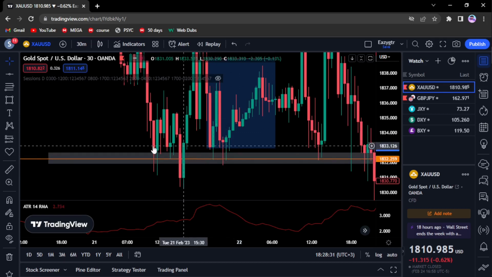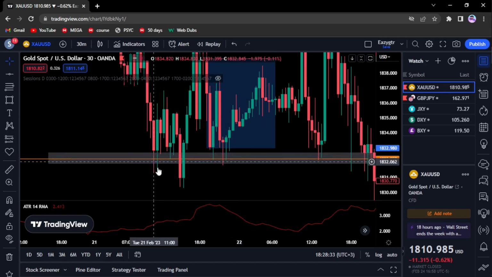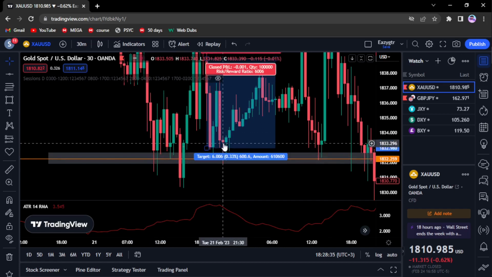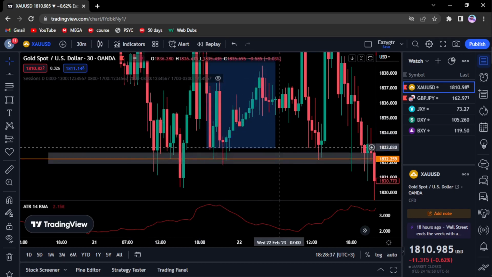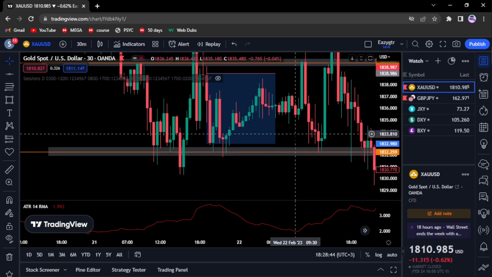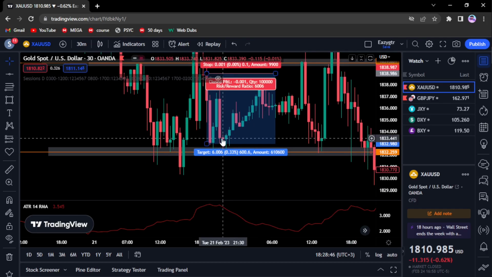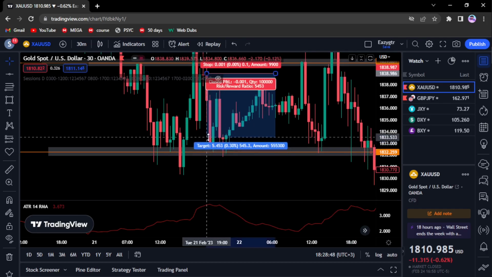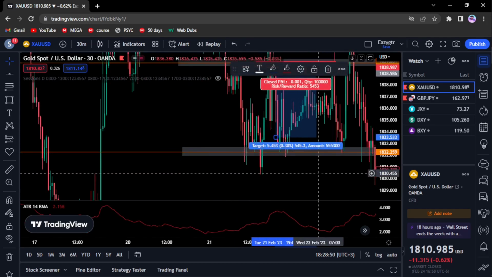When candles come to this area and you see the wicks are bigger than the bodies, this is a very strong area of interest, the support, and price couldn't break it at that time. So what do you do? You close your trade here and watch out for the next trade.